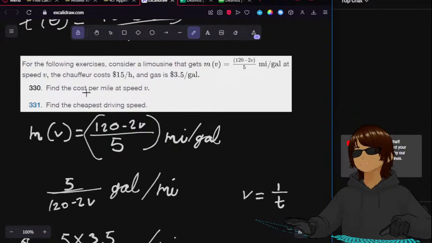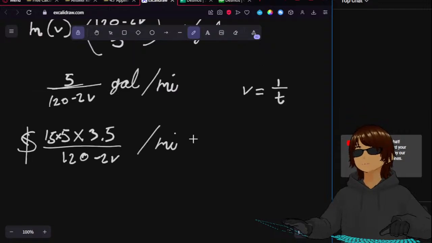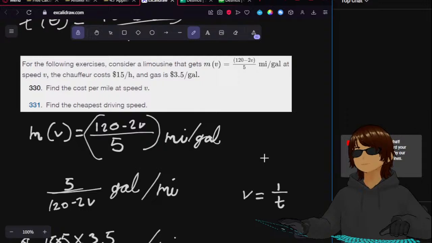Find the cost per mile at speed V. So I have to times this by 15. So 15 times this. So $15 per mile. Or 15V per mile.